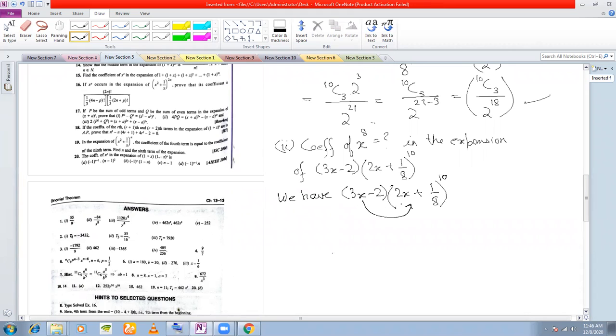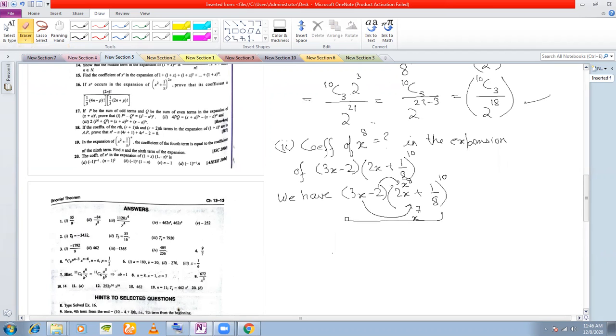That means the term with x to the power of 7, combined with this x, will give x to the power of 8. Also, if you multiply this with x to the power of 8 in this expansion, that gives the coefficient of x to the power of 8. You add them up, and you get the coefficient of x to the power of 8 in the total expansion.